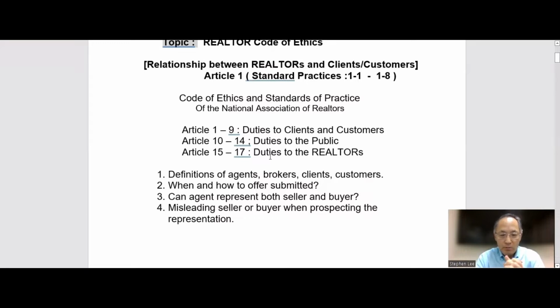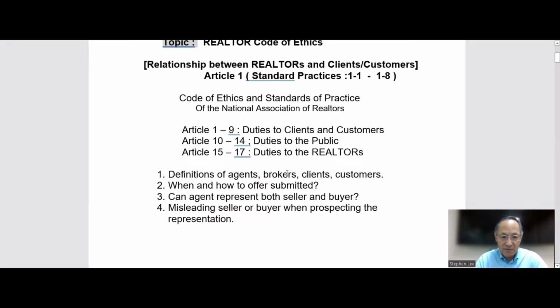NAR came up with this Code of Ethics, of course, a long time ago. It consists of a total of 17 articles. Articles 1 through 9 talk about duties to clients and customers. Articles 10 through 14, duties to the public.